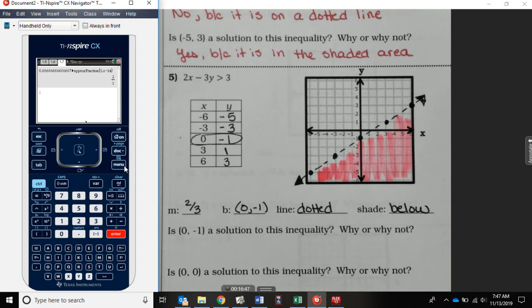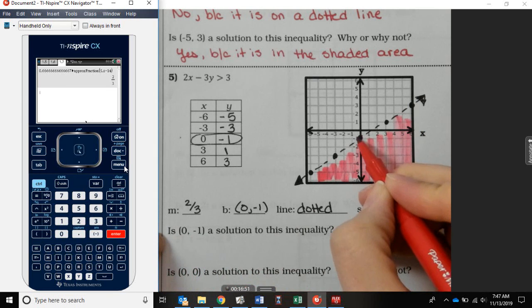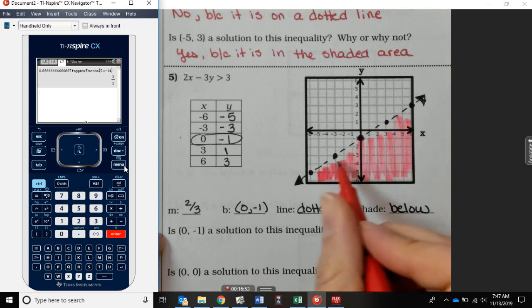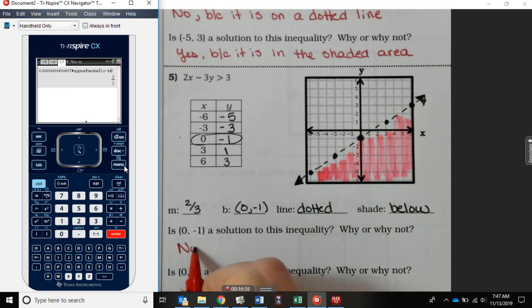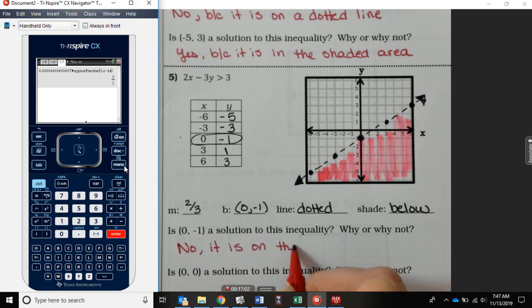Okay. So here is 0, -1, a solution? That's my y-intercept, and it falls on the dotted line, and dotted lines don't count. So no, because it is on the dotted line.